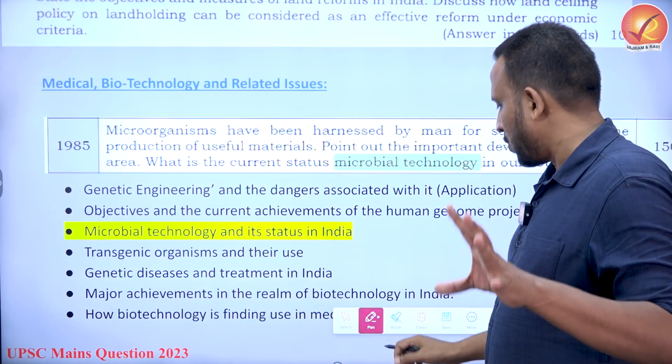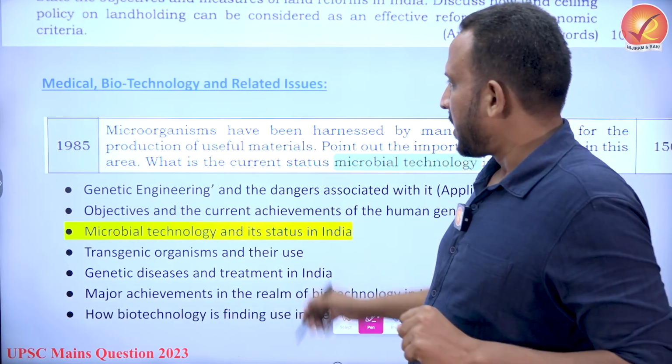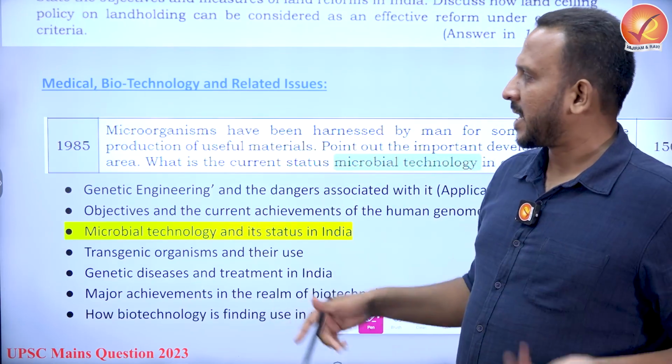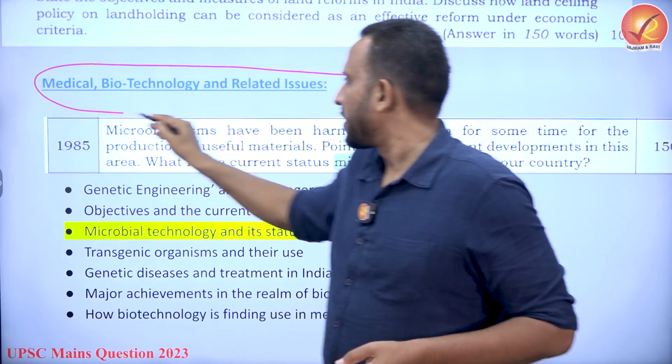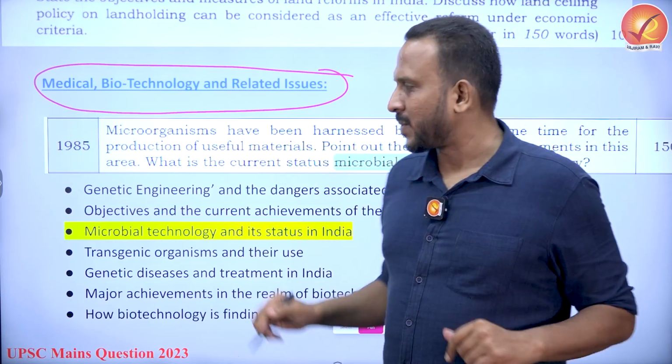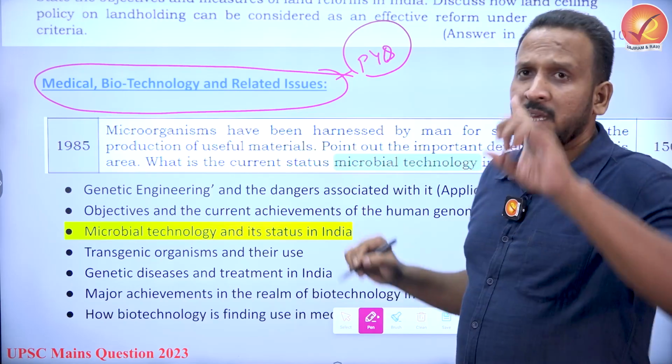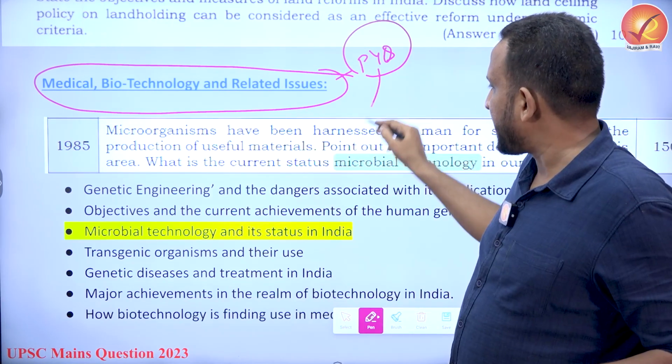What you need to do: suppose tomorrow you are going to start with this topic. You are going to analyze the previous year's questions. After analyzing them, the first thing you will get is these themes.